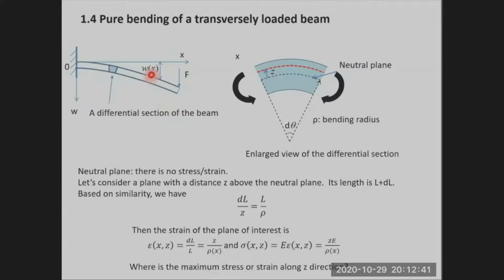And what we are going to do next is to derive or calculate W, the displacement, as a function of x. Namely, we want to know the shape of the deflected cantilever beam when a force F is applied.